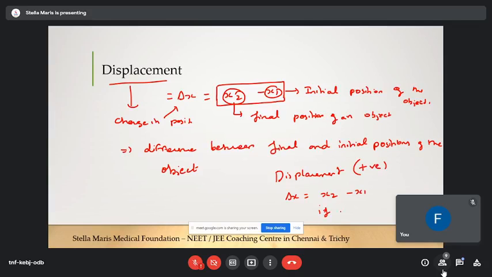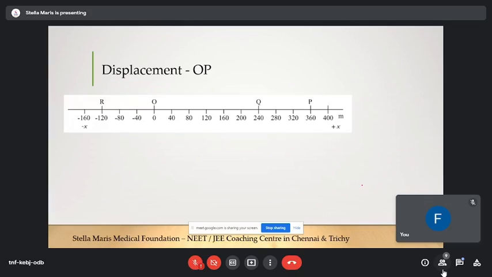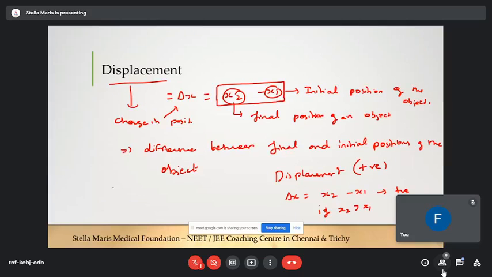Okay, so for the same motion of a car, we are going to calculate displacement. What is OP? That is O to P. Here O is the initial position of the car, and P is the final position. So what is displacement? Del x is equal to x2 minus x1. What is x2, the final position? 360. x1 is 0.